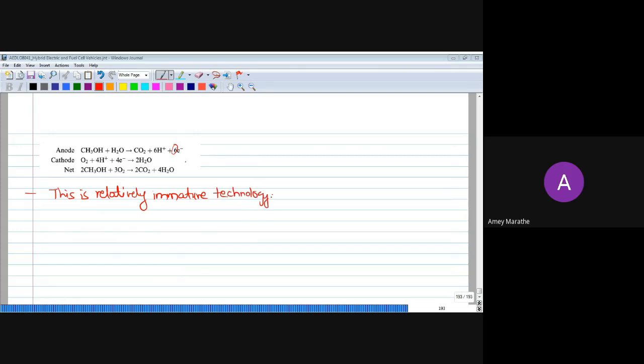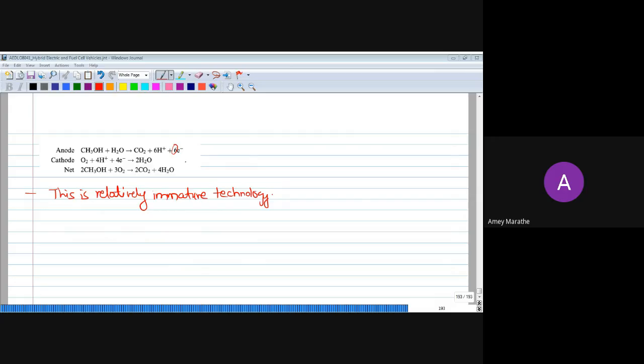A lot of R&D is going on. It is still in the research and development stage, because there are many challenges posed by using liquid methanol as the fuel. But in the coming years, you might see direct methanol as one of the fuel cells used in fuel cell electric vehicles.